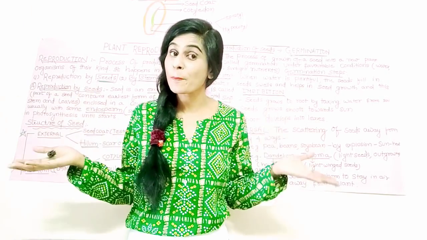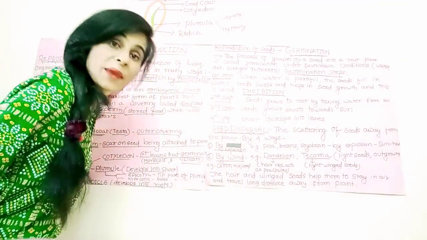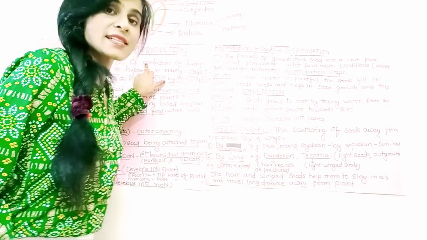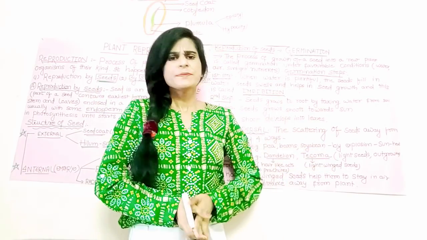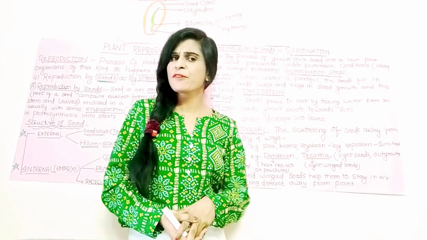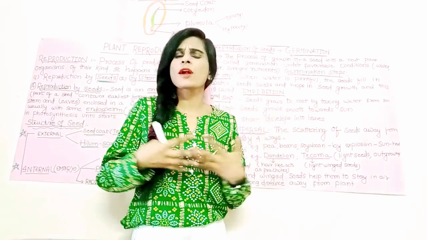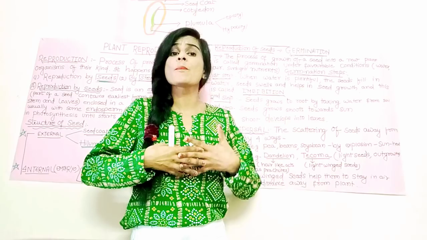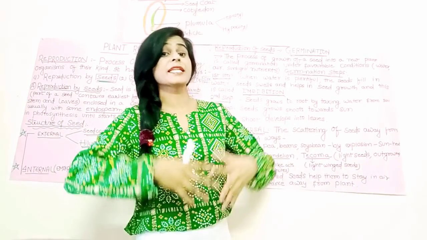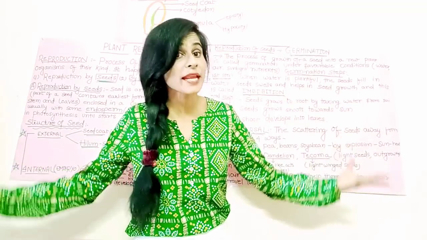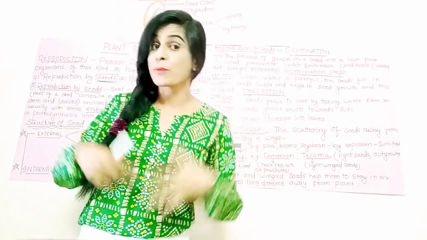So what is our topic? Plant reproduction. We are going to discuss how plants reproduce. You might be wondering why there is an increased number of plants, of a particular animal, or of humans.